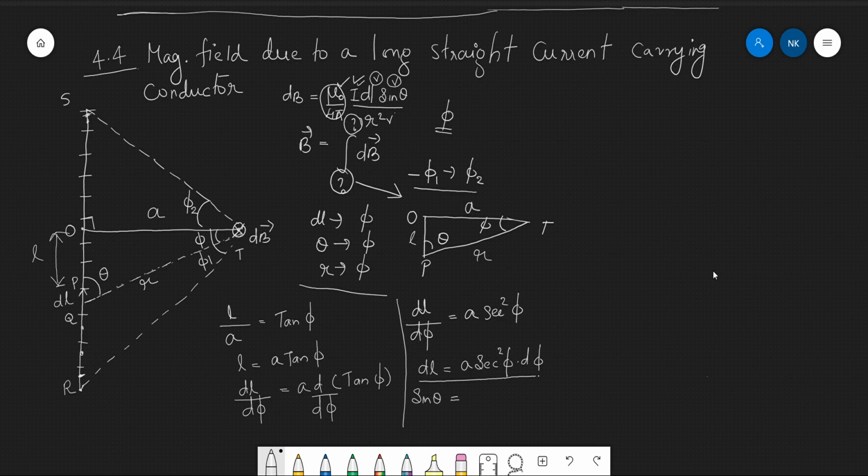Sin theta equals, from the triangle POT, sine theta is a by r. Alright, at the same time a by r is cos phi as well.